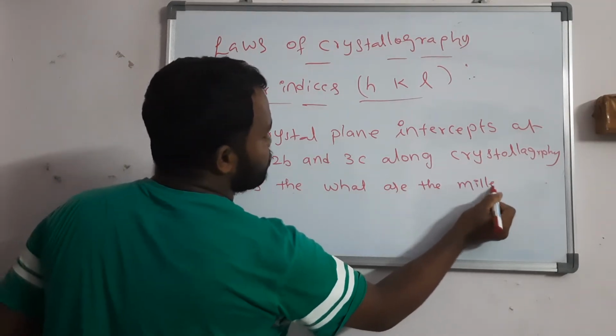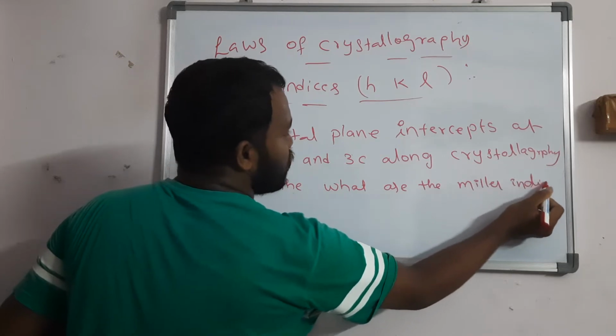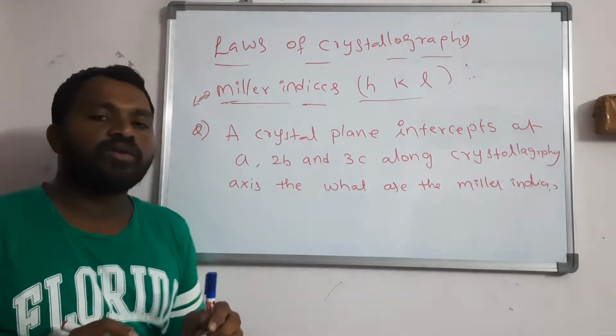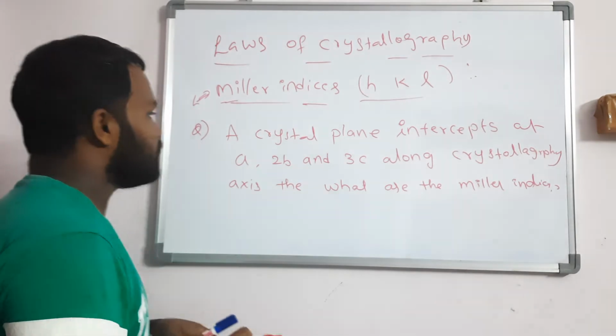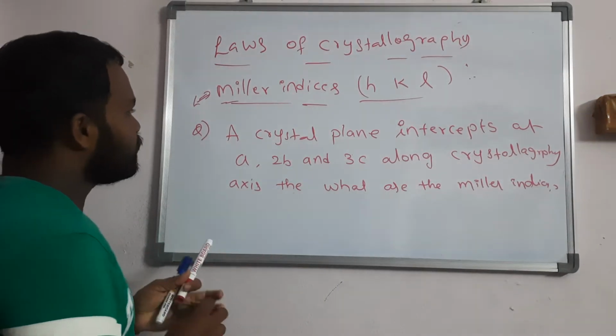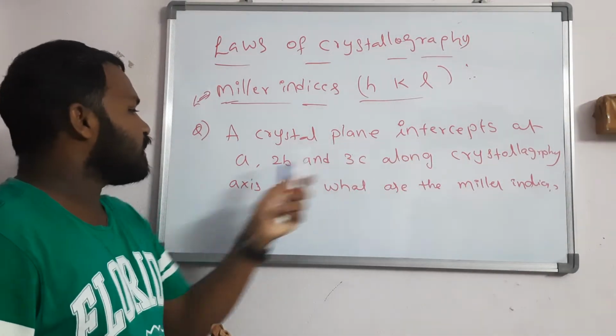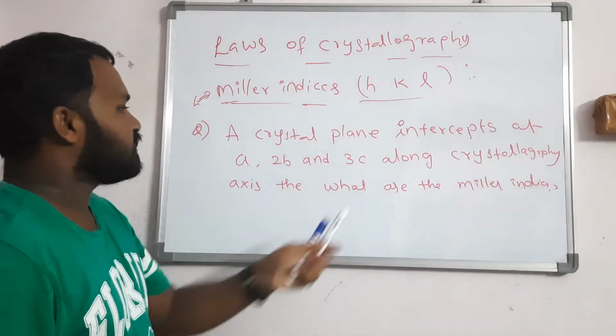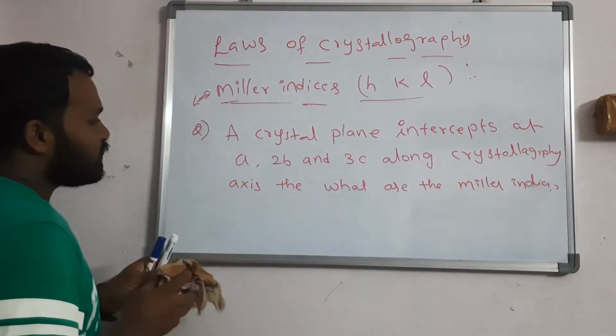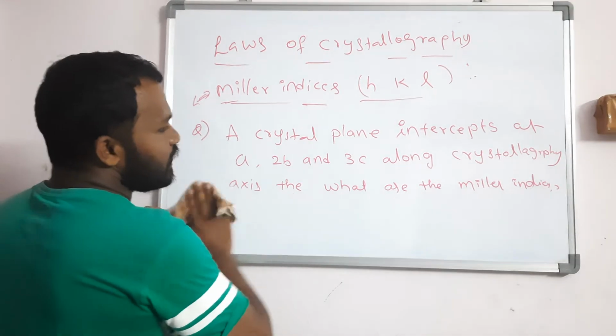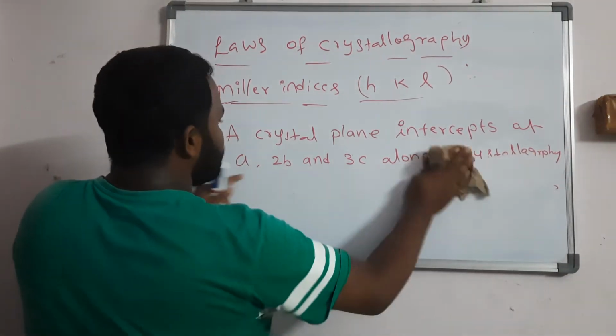This is a very simple concept. If you follow the concept thoroughly, you can get the marks easily. A crystal plane intercepts at A, 2B and 3C along the crystallographic axis. Then what are the Miller indices? You should remember A, 2B and 3C.